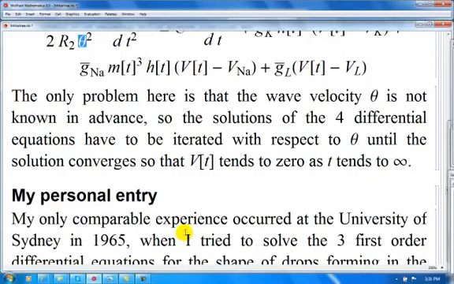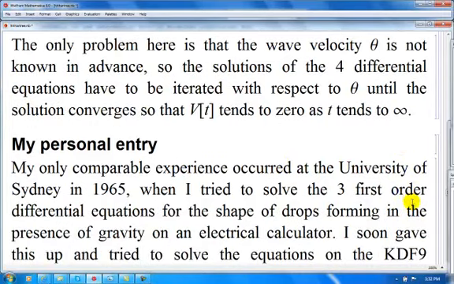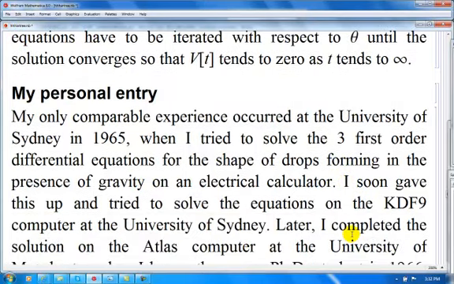So how do I fit into this? Well, my only comparable experience occurred at the University of Sydney in 1965, when I tried to solve the three first-order differential equations for the shape of drops forming in the presence of gravity on an electrical calculator. I soon gave this up and tried to solve the equations on the KDF-9 computer at the University of Sydney.